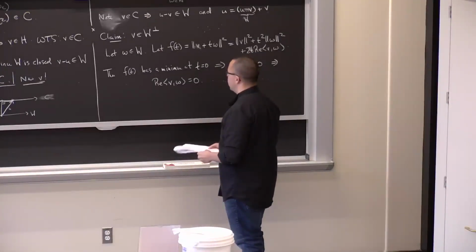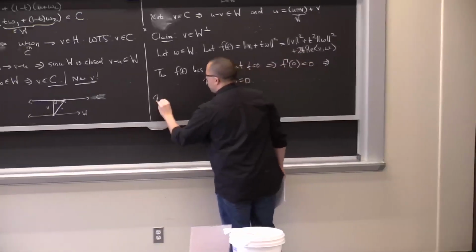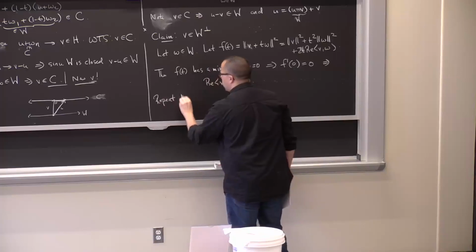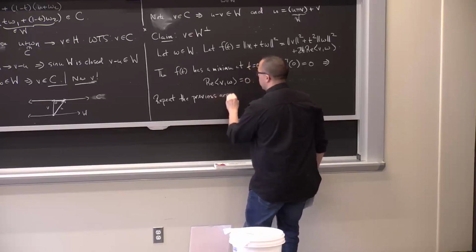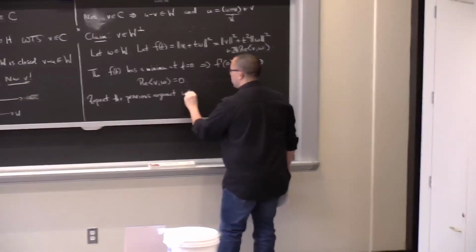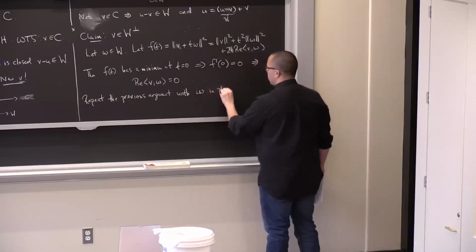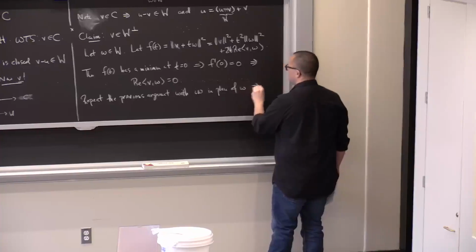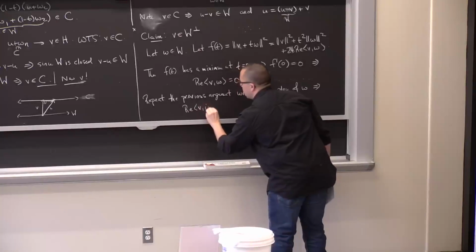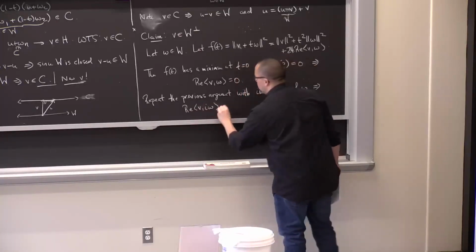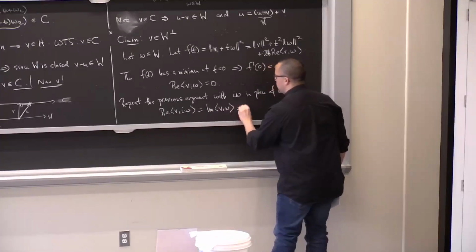Okay? So I got that the real part of the inner product is 0. Now, what we can do is then repeat the previous argument with i times w in place of w to get that the real part of the inner product of V and iw, which is in fact the imaginary part of the inner product of V and w, equals 0.